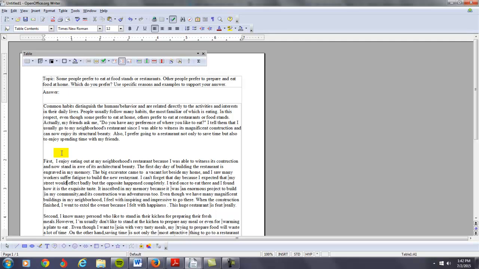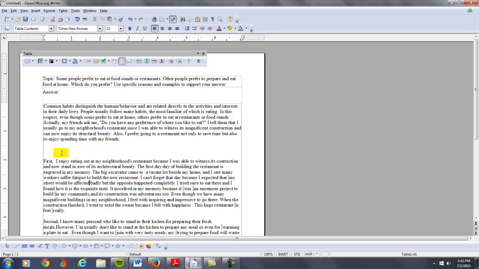So let me write this down. So verb tense shifts, you got to study that a little bit. And you want to use here effect as a verb, not as a noun. So that's a word choice issue. So I cannot forget that day because I expected that my street would be affected badly. But the opposite happened.